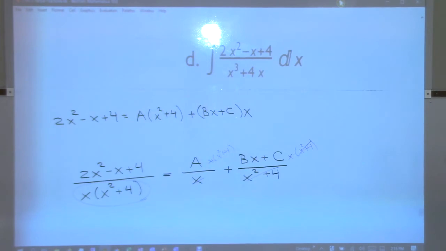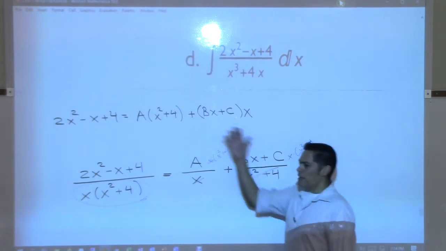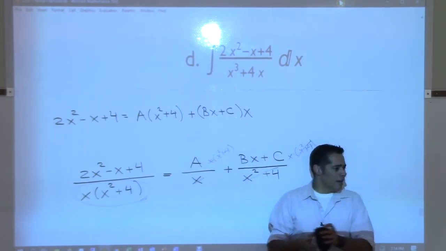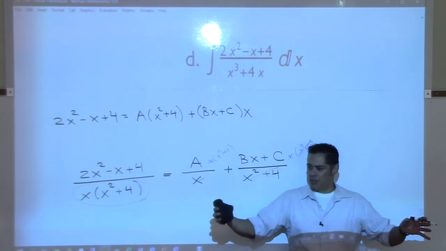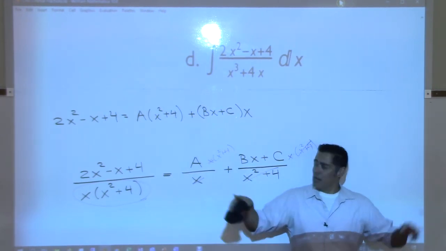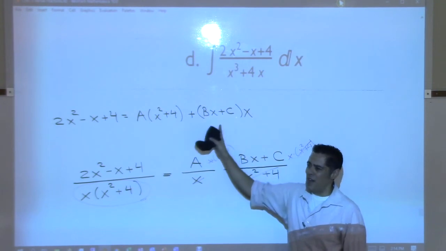Now, shortcut? It works for A, but you can't get the rest. I mean, there might be a way we could wiggle around this, but in the previous problem, I really didn't want to do the long way because there was a lot to expand. Would y'all agree that this multiplication is not that hard?